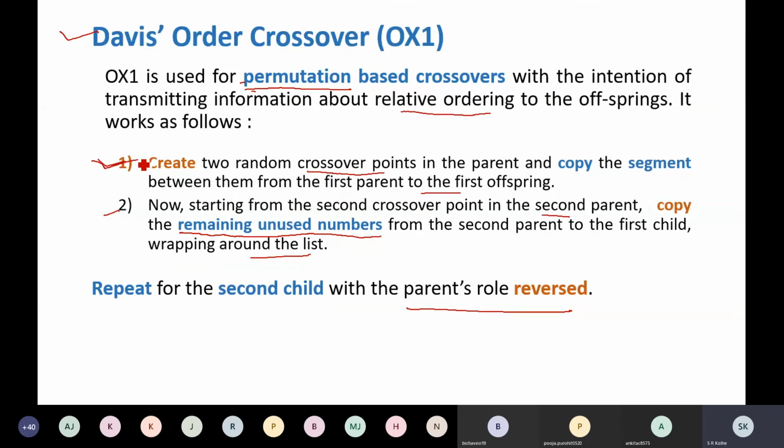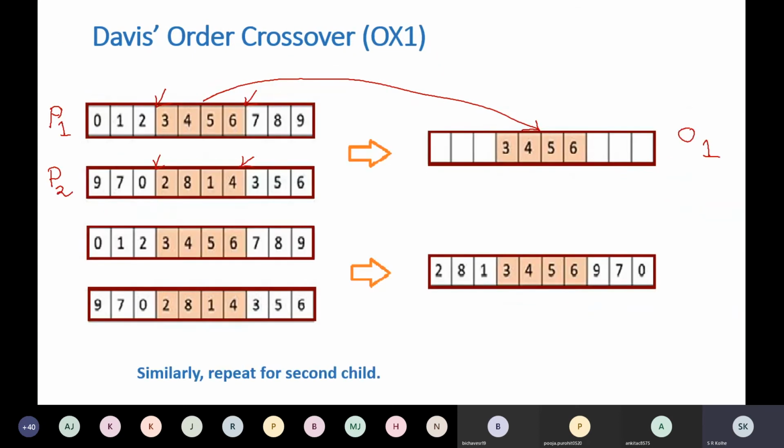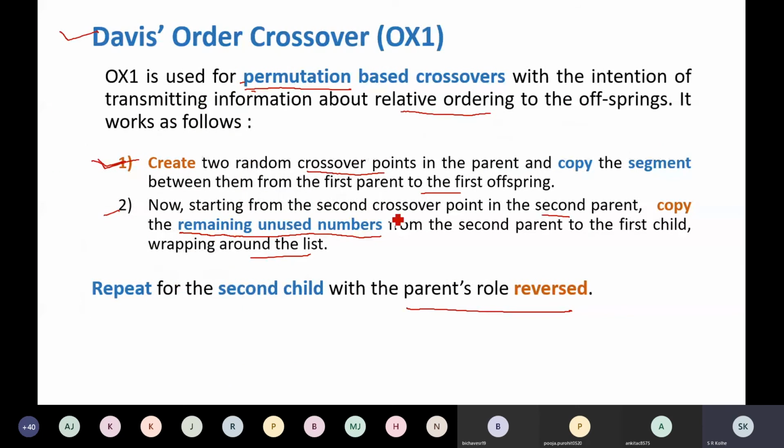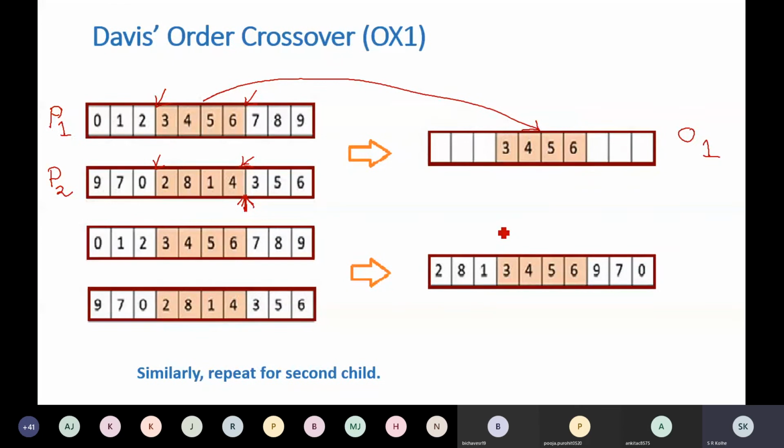Now starting from the second crossover point in second parent, come to the second parent. Starting from second crossover point, okay, second crossover point is this, right? Start from this. What we have to do? Copy the remaining unused numbers from second parent to the first child, wrapping around the list.